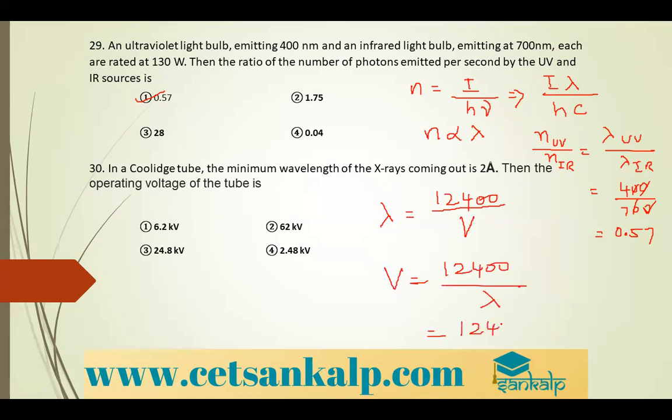So 12400 divided by 2 is 6200 volt. So V is equal to 6.2 kilo volt.